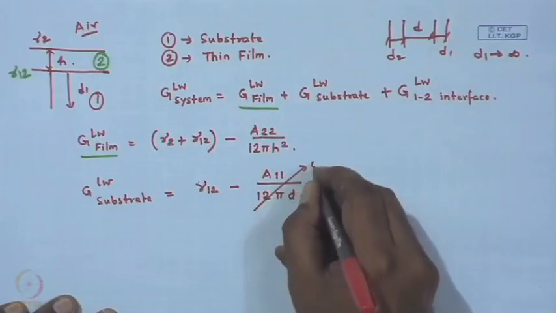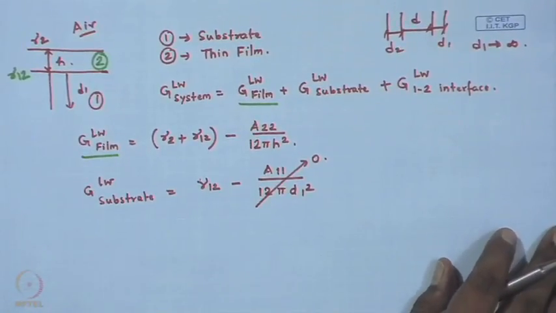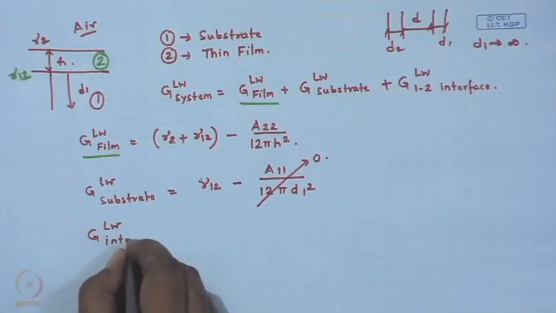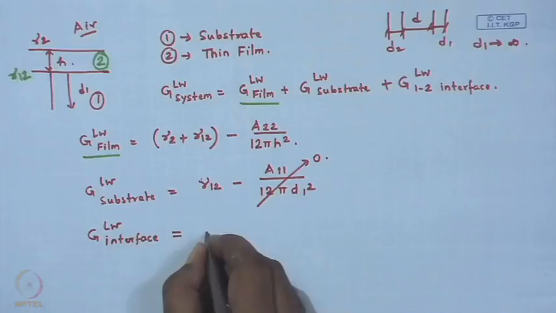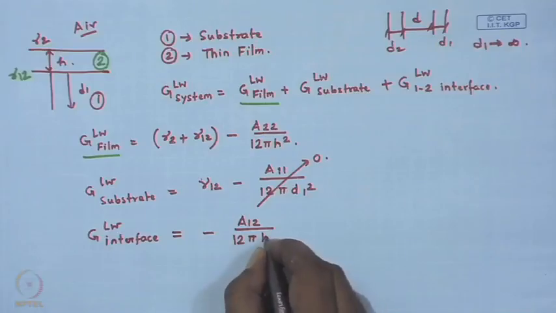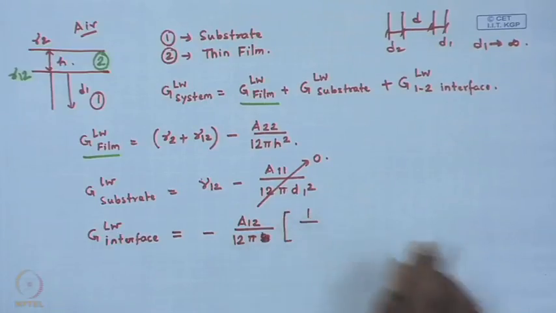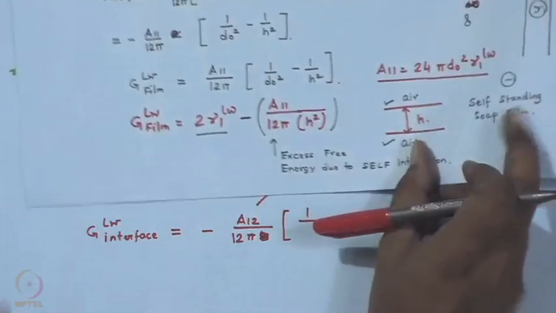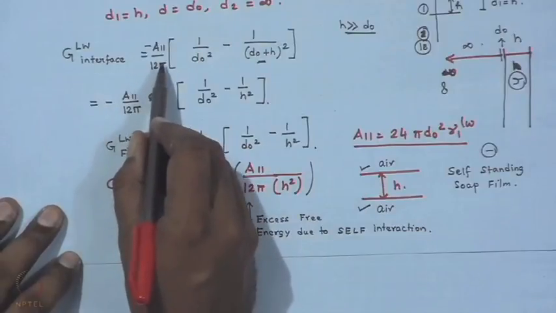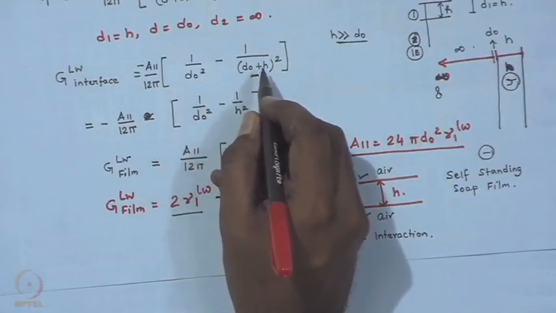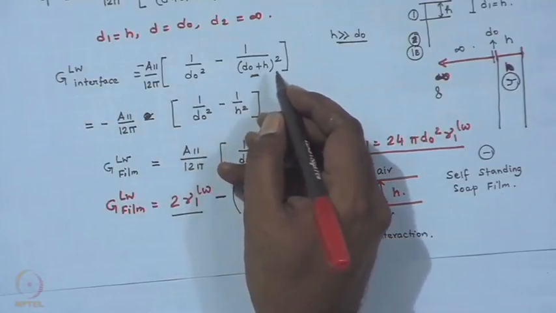Therefore, this term is cancelled, and the interfacial GLW at the interface is minus A 1 2 divided by 12 pi into, we have already talked about the expression for the interfacial energy, minus A 1 1 divided by 12 pi into 1 by d 0 square minus 1 by d 0 plus h square.